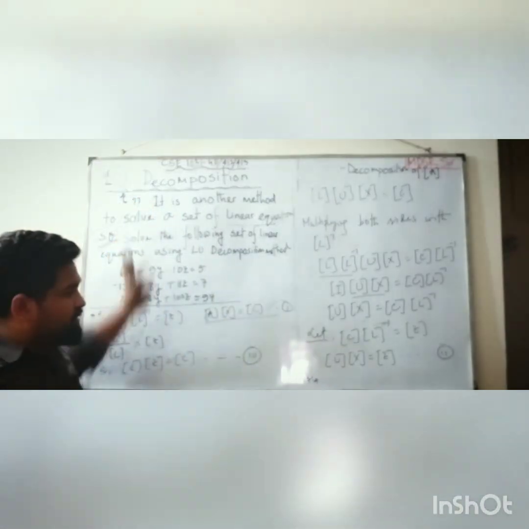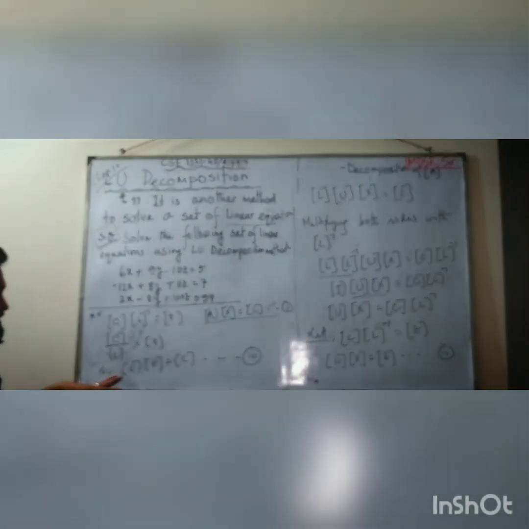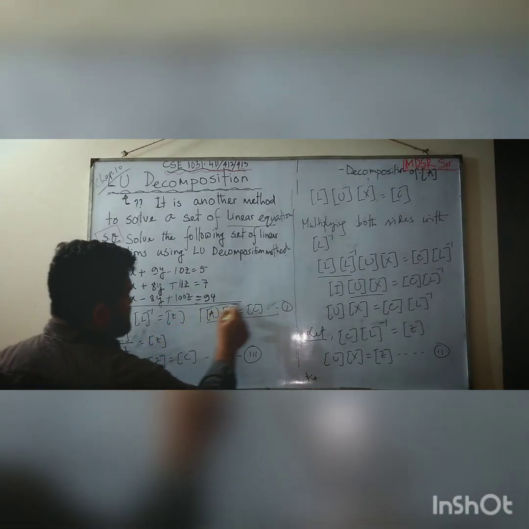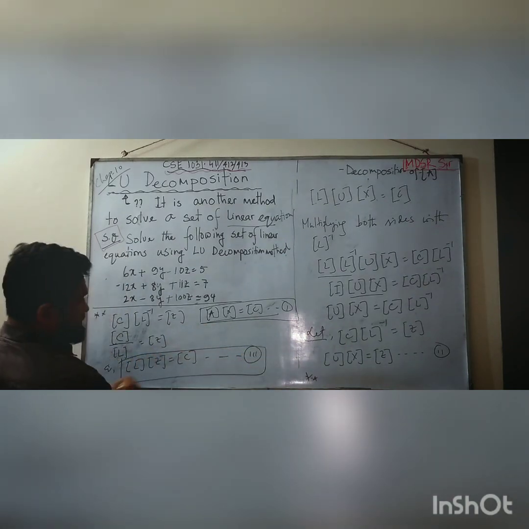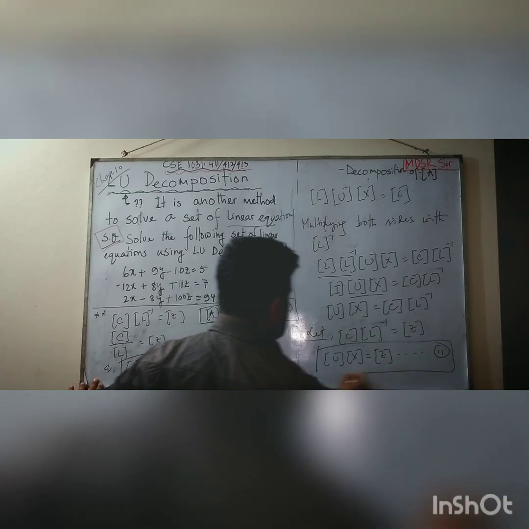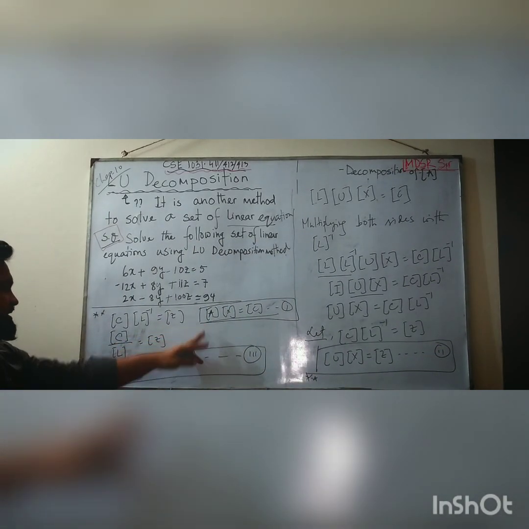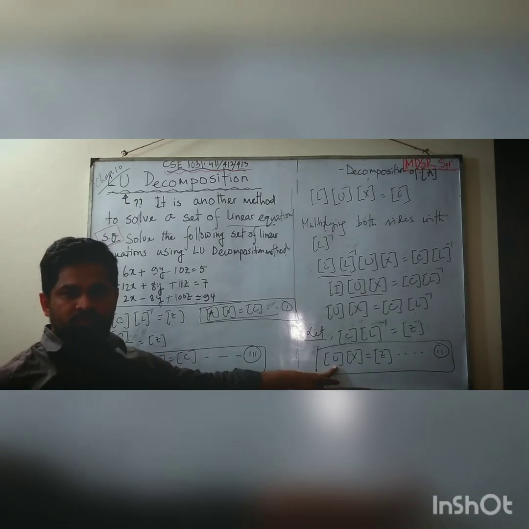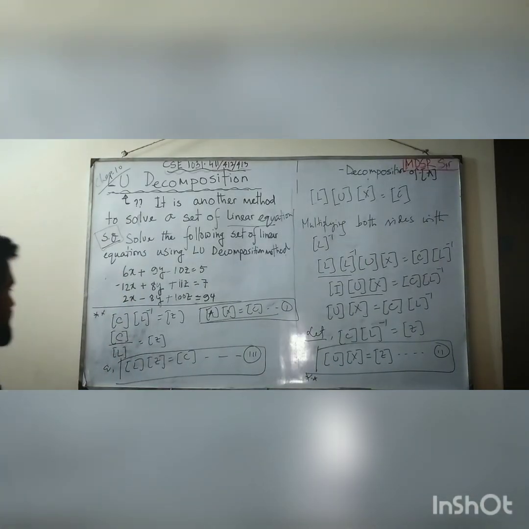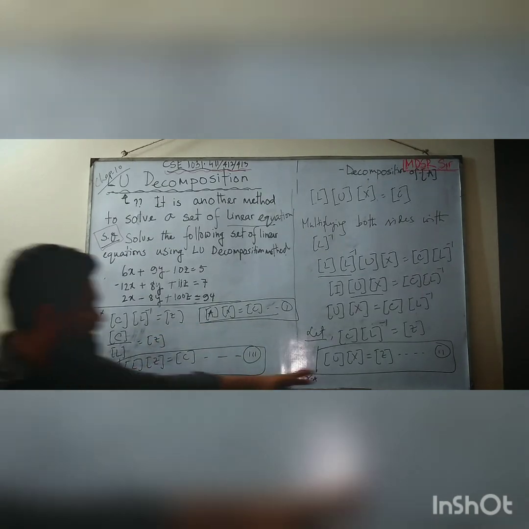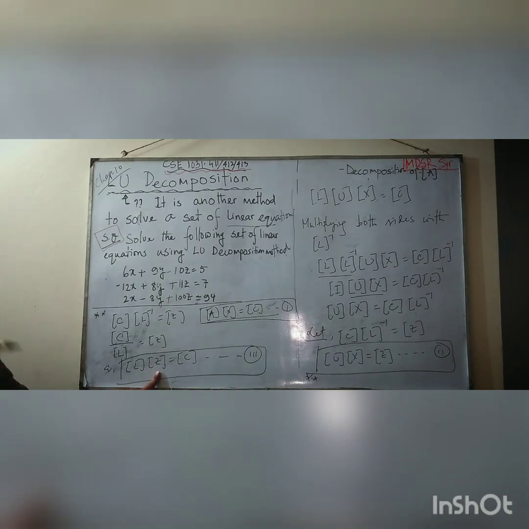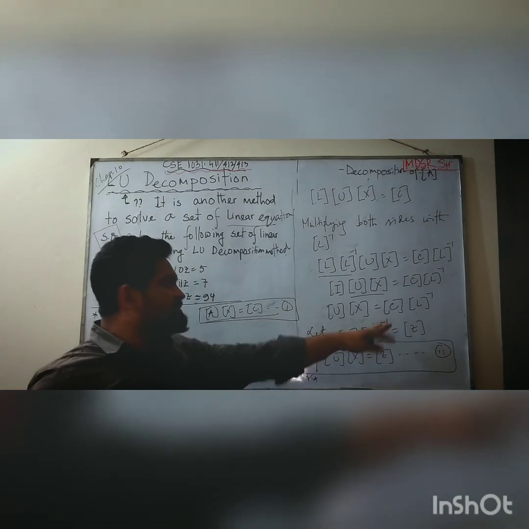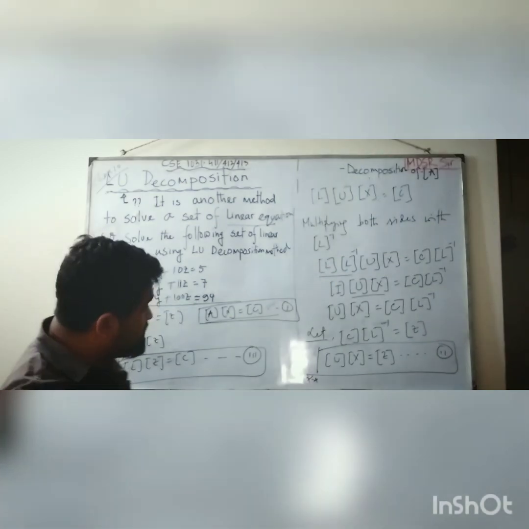Alright? So you can see, just pay attention to these three equations. A is not here anymore. A is replaced by L and U. X is there, C is there, Z is the matrix that came up because we considered CL inverse equal to Z.